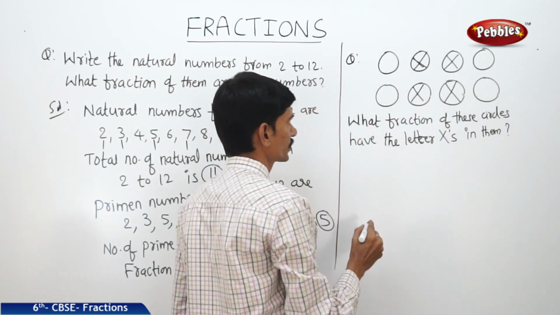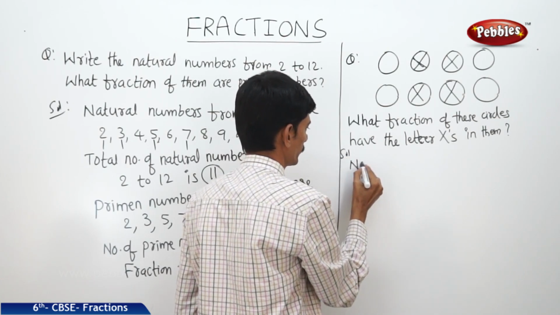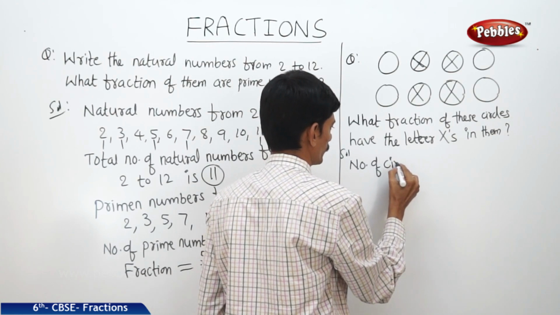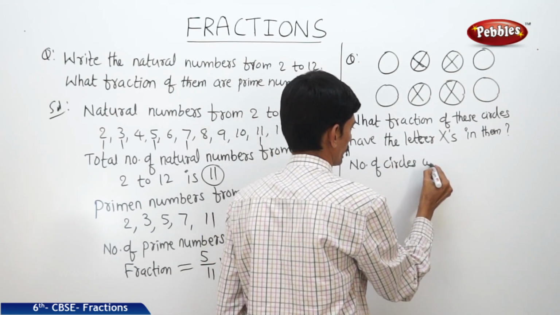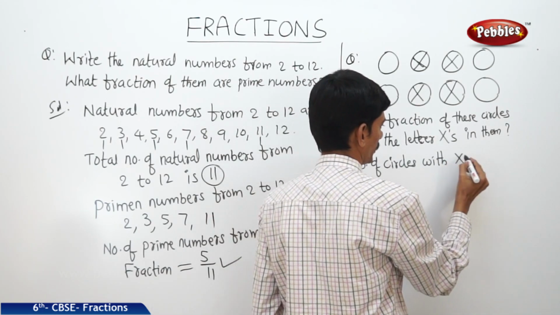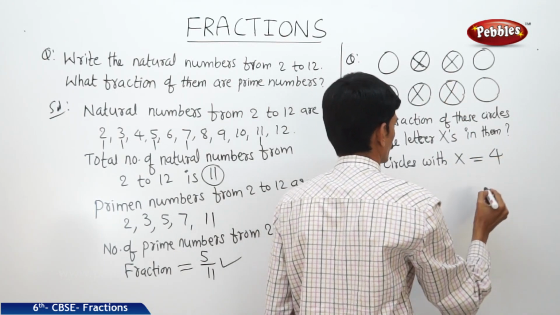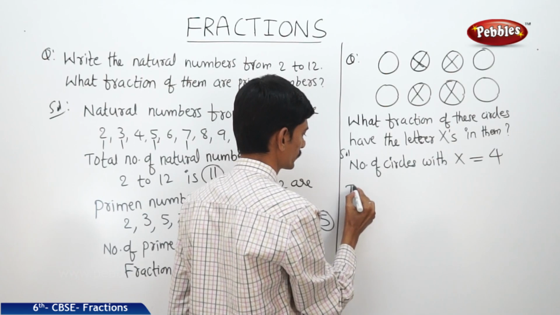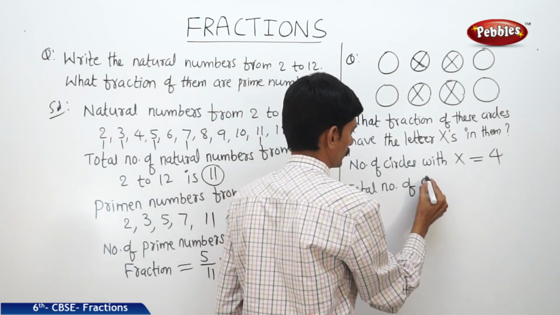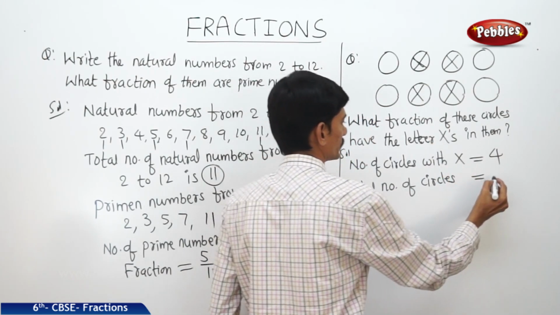Now the number of circles with X equal to 1, 2, 3, 4, and the total number of circles equals 8.